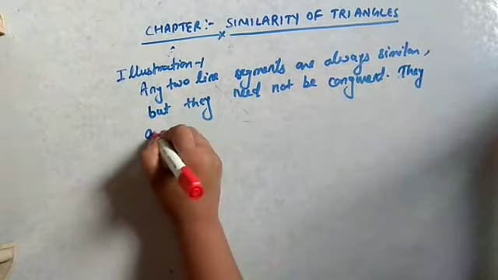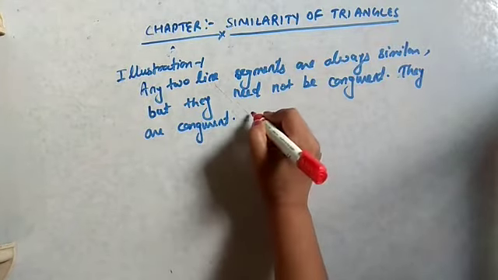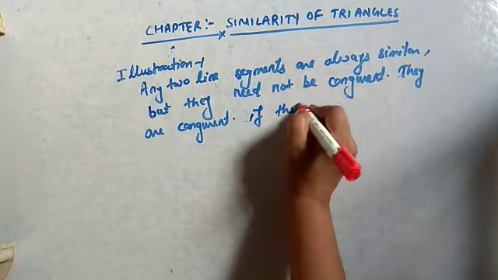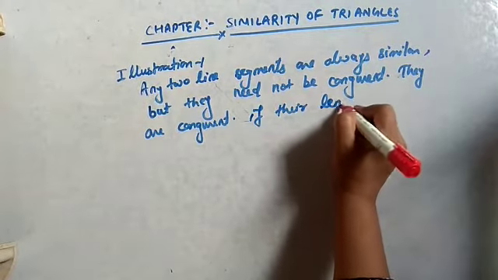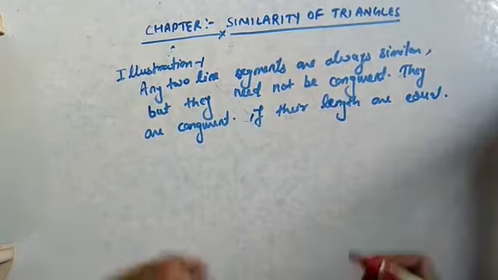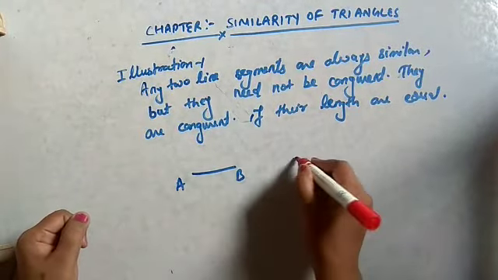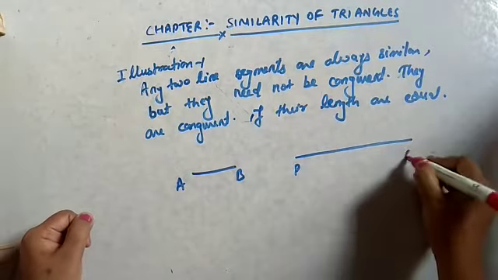They are congruent if their lengths are equal. Okay, if we are taking any two line segments, suppose AB and PQ, two lines are there.